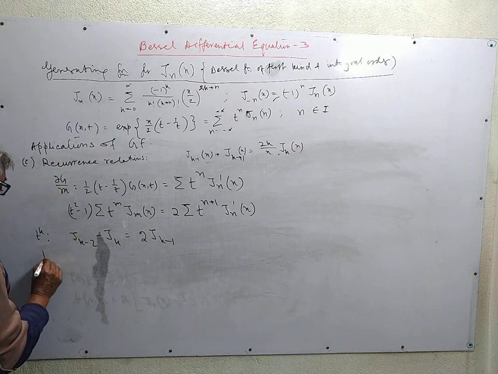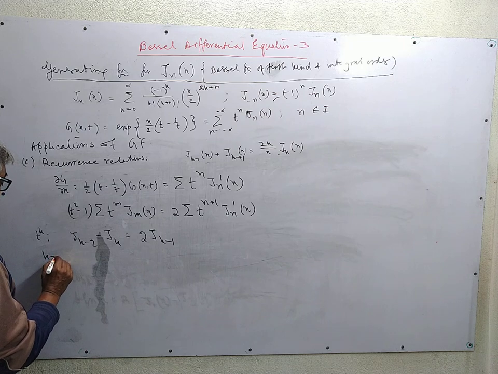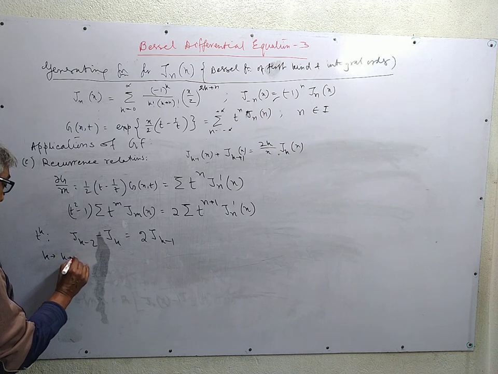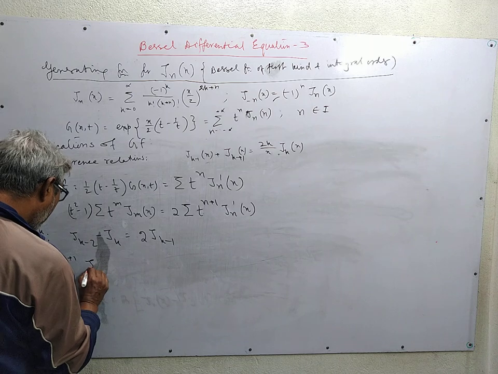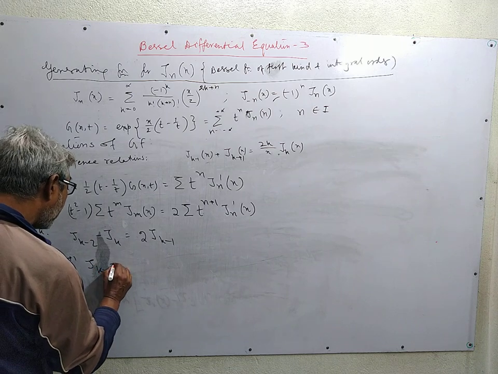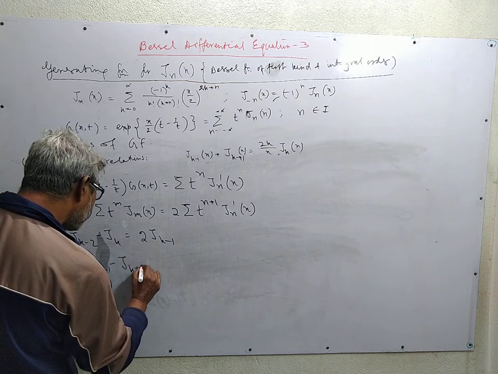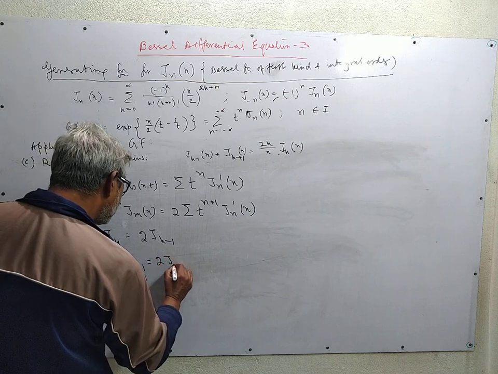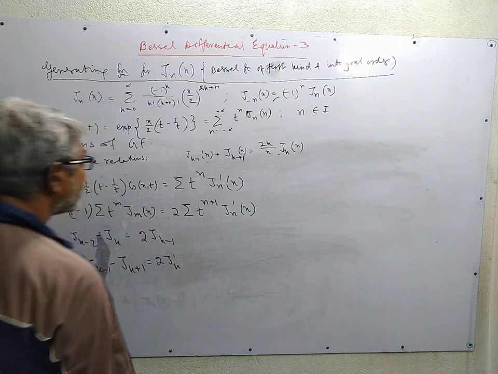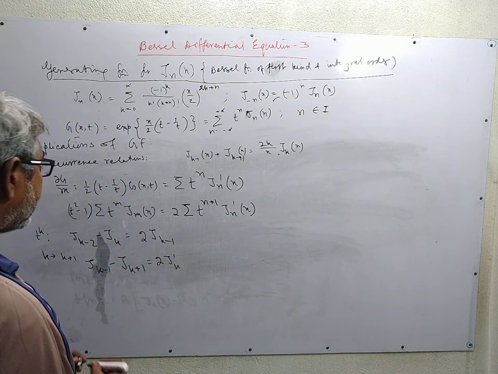As in the earlier case, we replace k by k plus 1, so we get j of k minus 1 minus j of k plus 1 is equal to twice jk prime. So this is the other recurrence relation.